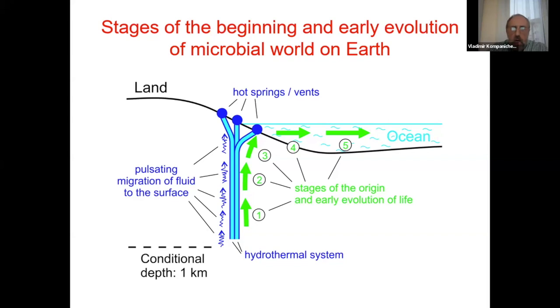So life, especially its early stages, second and third, could appear not one time. Maybe it was a multi-step formation, and life could originate more than one time in the early Earth.